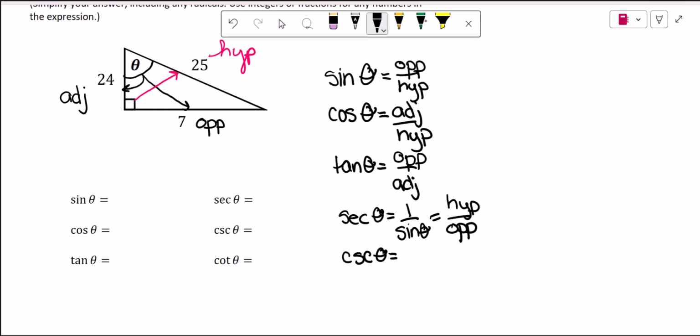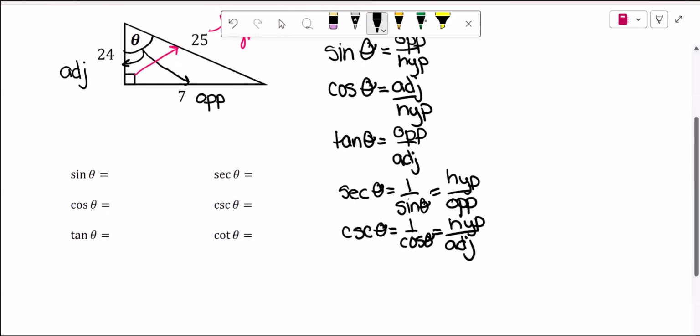Yeah, it's going to be 1 over the cosine of theta, which is just the hypotenuse over adjacent. And finally, we have the cotangent of theta, and that's 1 over the tangent of theta, and that's going to be the adjacent over the opposite.